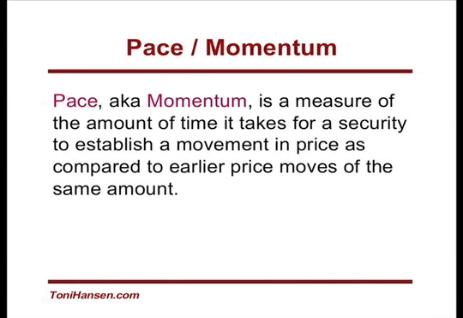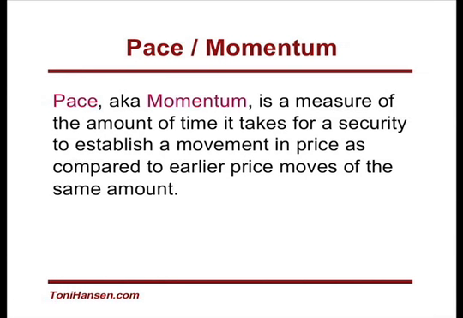But it's basically a measure of the amount of time it takes for a security to establish a movement in price as compared to earlier price moves of the same amount. What this means is that if you have something that rallies, say, a point in an hour, and it then corrects and attempts another rally.